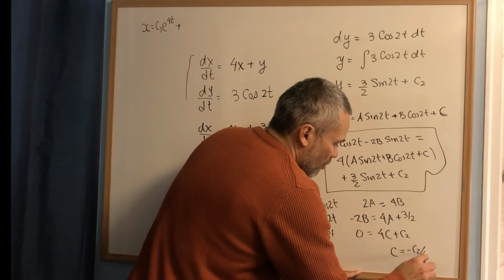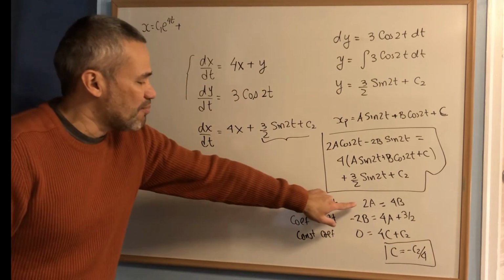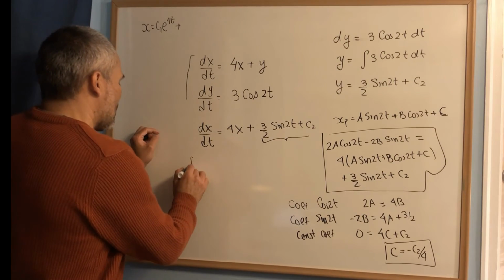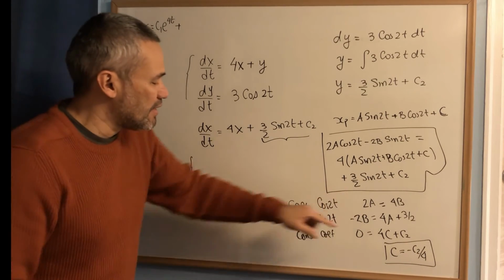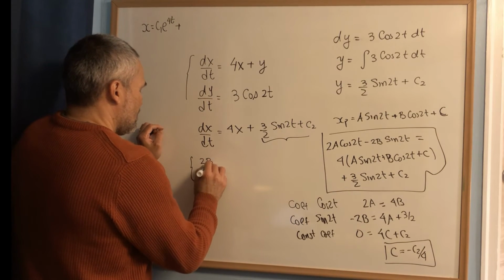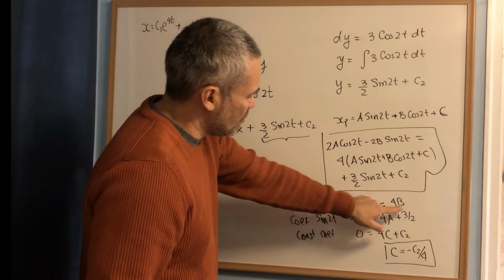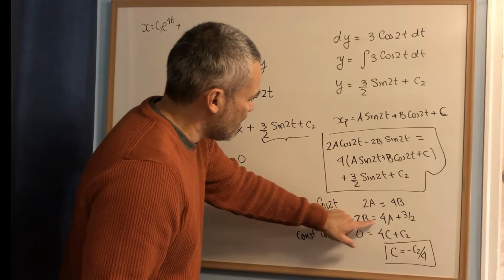Then we have already capital C, we need to find A and B. Let me rewrite those two equations here. We have, let's say, 2B minus A equals 0, right? 2B minus A equals 0.